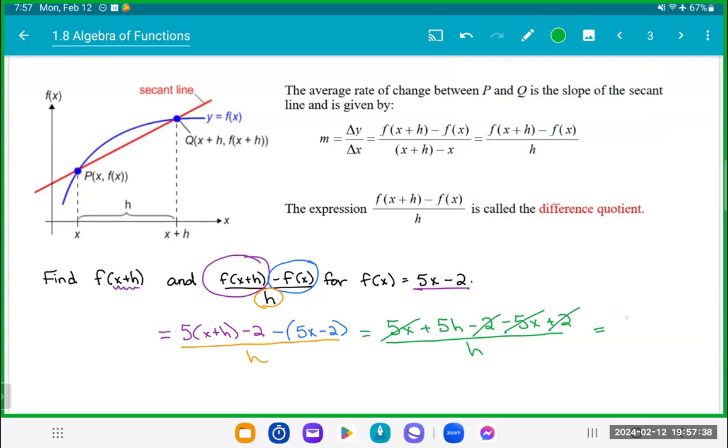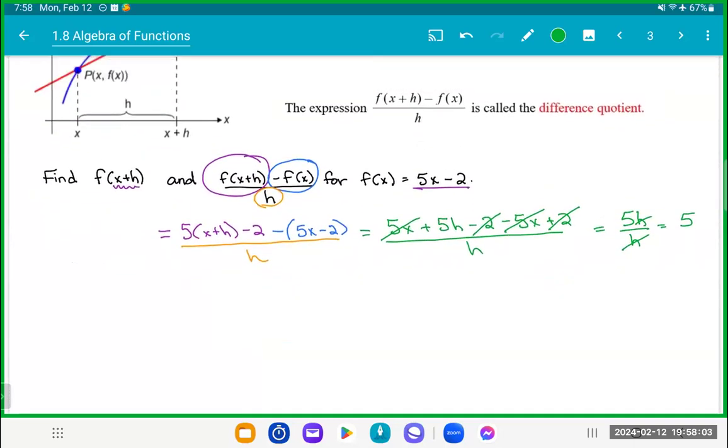It leaves me with 5h over h. Oh, look, our h's cancel, and it leaves me with a 5. If we were doing this in terms of calculus, we would say that the limit of this function is equal to 5.